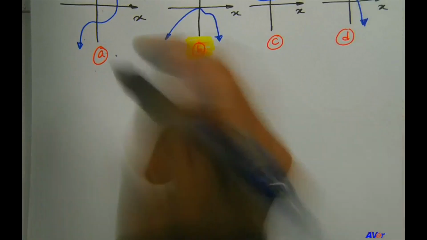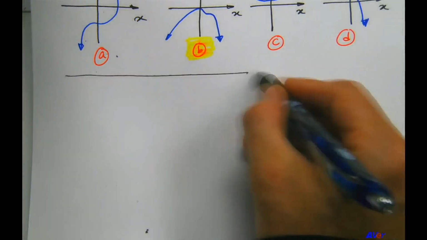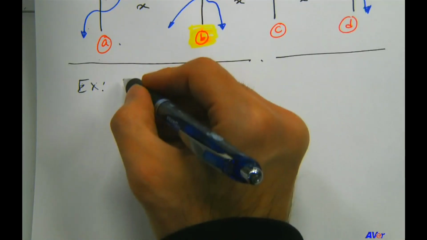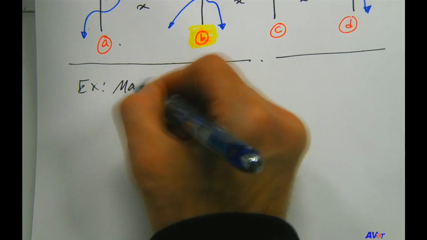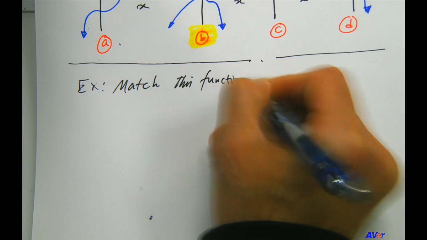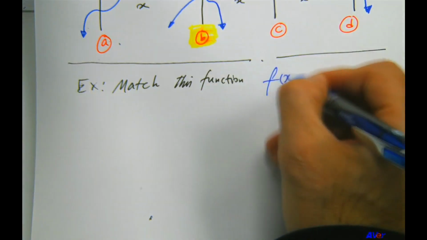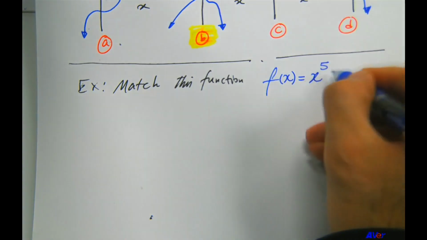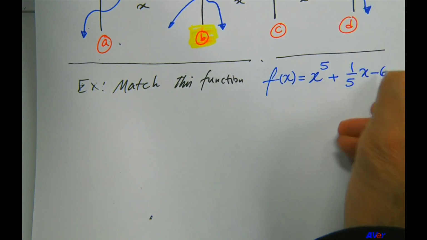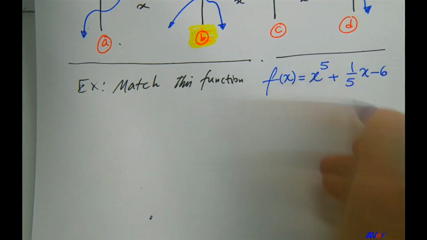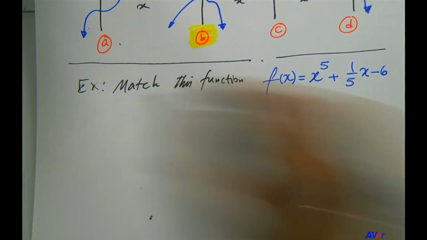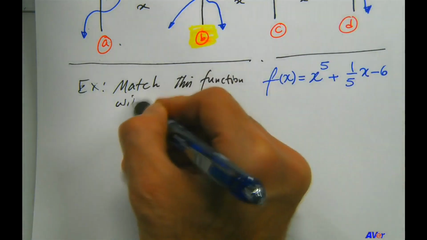Suppose we have this function. Let's say: match this function, f of x equals x to the fifth plus 1 over 5 x minus 6, with its correct graph below.